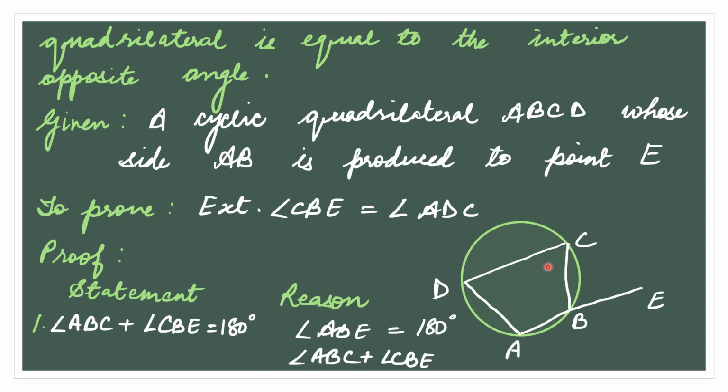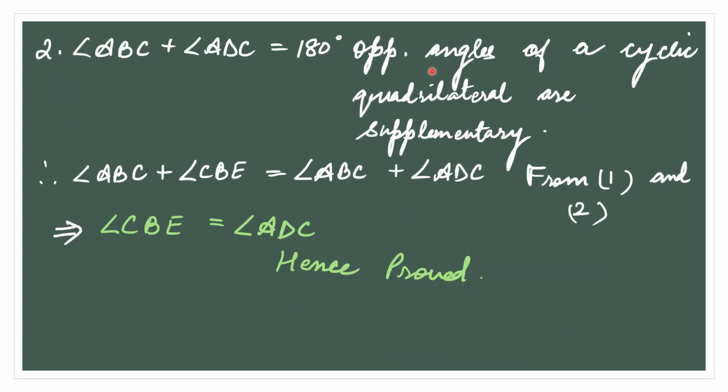The statement and the reason. Angle ABC plus angle CBE is equal to 180 degrees because they are angles on a straight line. Also, children, angle ADC plus angle ABC is equal to 180 degrees, because the opposite angles of a cyclic quadrilateral are supplementary.